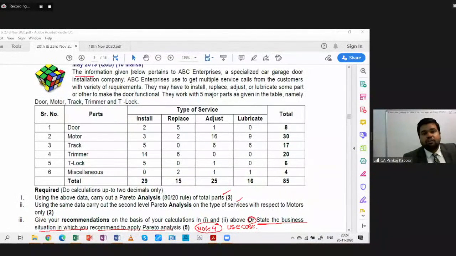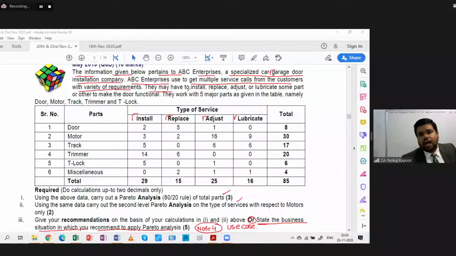The information given below pertains to ABC Enterprises, a specialized car garage door installation company. So this is a garage that specializes in installing doors for cars. ABC Enterprises gets multiple service calls from customers with a variety of requirements. Some customers call to install a new door, some ask to replace the older door, some ask to adjust a door that is not working properly, and some just ask to lubricate the door.